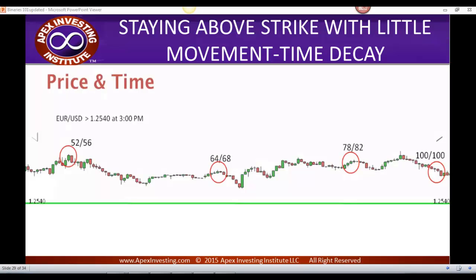Now, if it expires in the money: if I buy it, 90 cents. If I sell it and it's in the money and profitable, a 90-cent fee. But if I sell it and it's not, then there's no fee on that other side. That's per contract. You can do as many contracts as you want, but anything over 10 contracts is maxed out at $9 each side. So it's 90 cents a contract, but if you did 20 contracts, it's still only going to be $9. So there is a cap there.